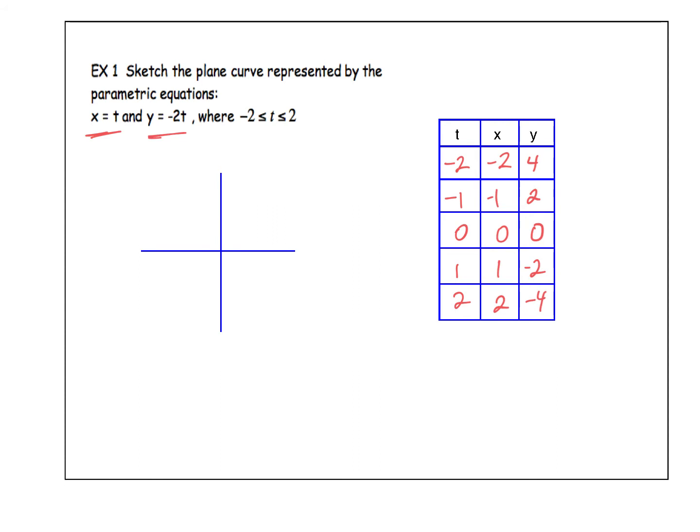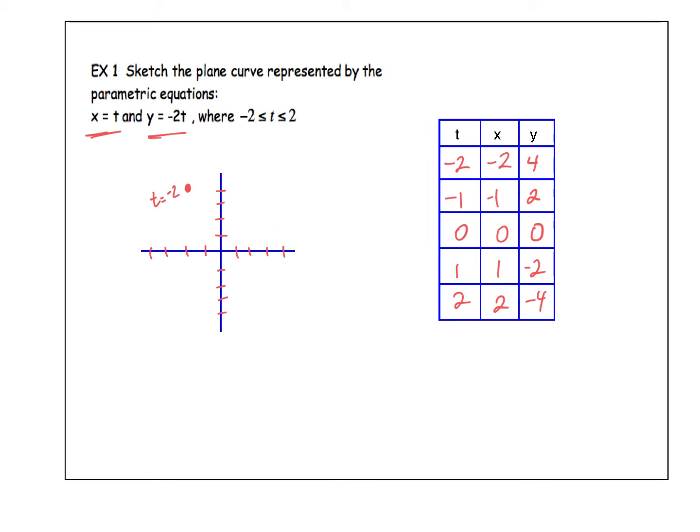So now I plot the x comma y ordered pairs, right? And I can label them as I show you here. So all of these I need basically just marking it out 4 times in all of the directions. So negative 2 comma 4 is the first ordered pair. It's right there. And I would label this when t is equal to negative 2.